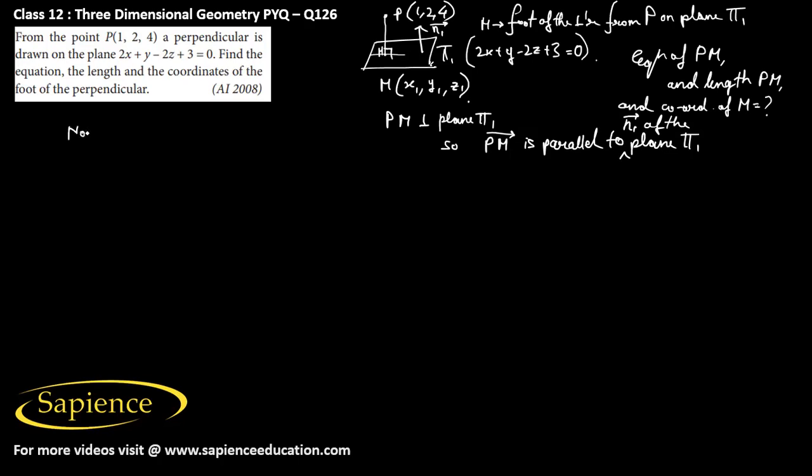Now the normal vector to the plane, n1 vector, is obviously 2i cap plus j cap minus 2k cap.